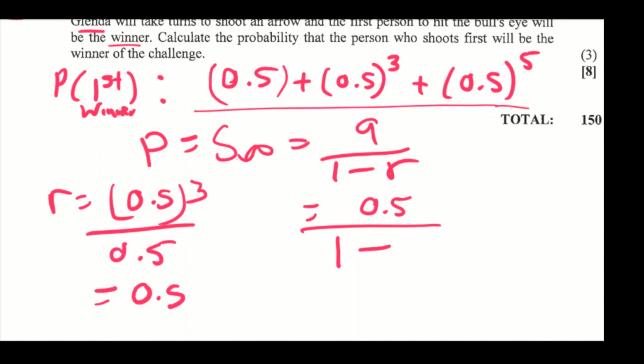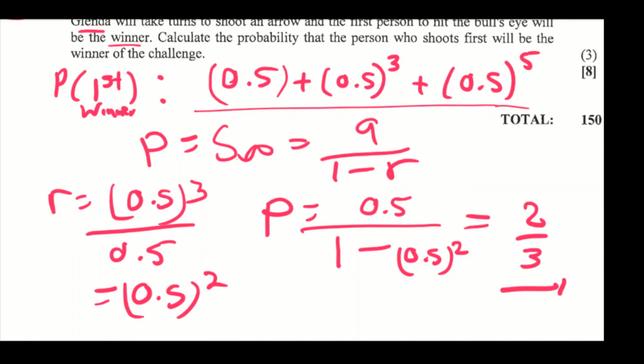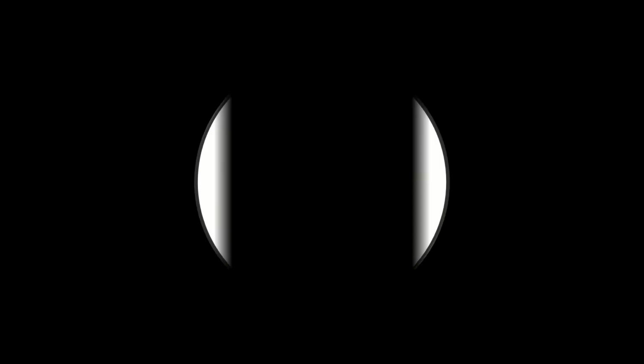So it's 0.5 to the power 2, and if you punch it in your calculator, you should get 2 over 3. So that is our answer for this problem here.